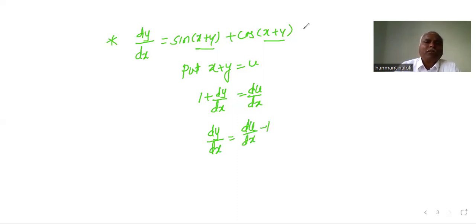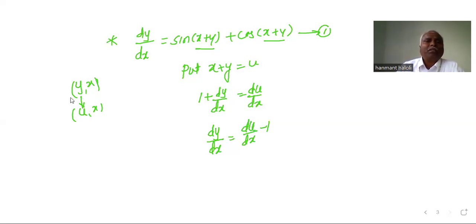That means the given equation 1 can be reduced into new variables. Given were x and y variables, now it becomes u and x variables. Change of variables here, y to u. That is called reducible to variable separable form.